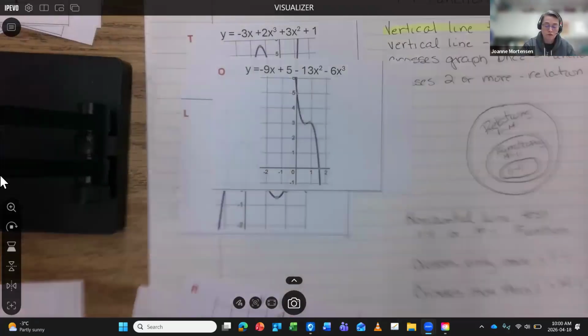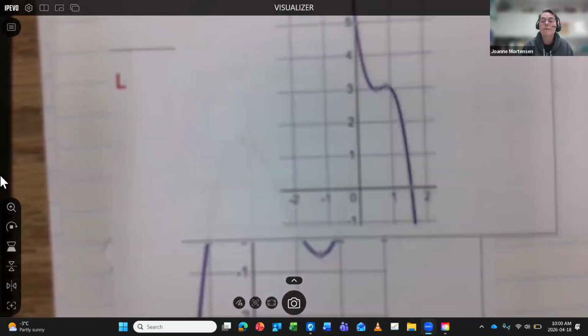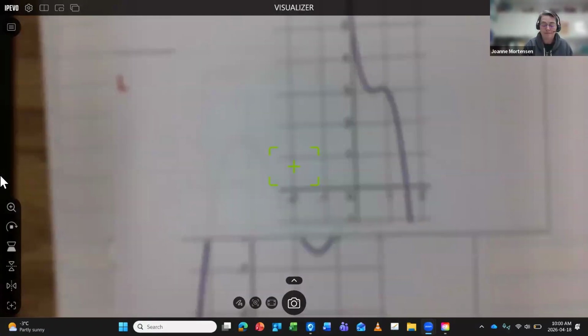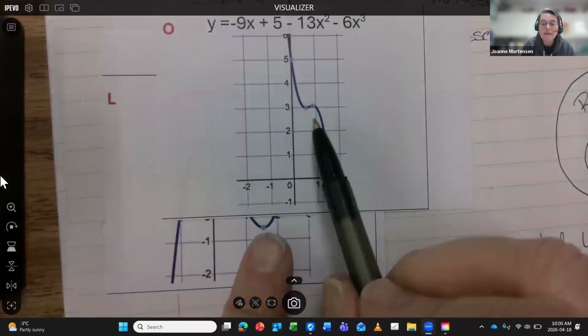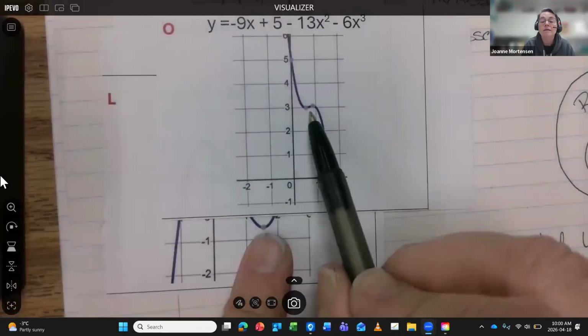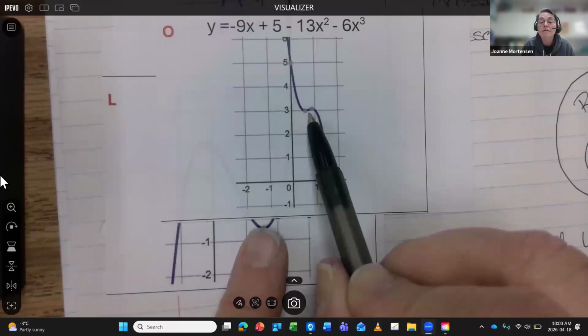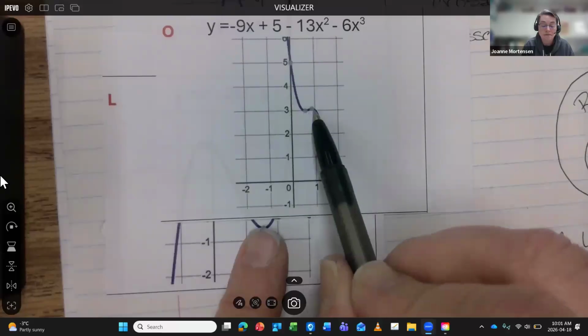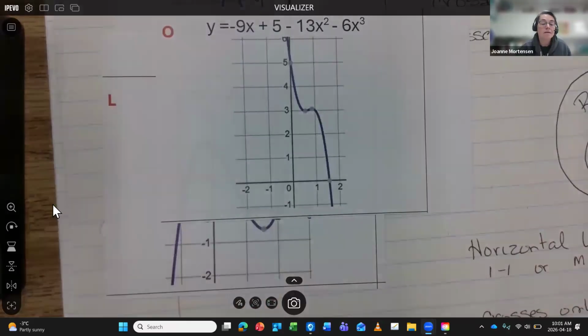I'm going to zoom in for you. There's a teeny tiny part right there where it would fail the horizontal line test. Just wait. There.